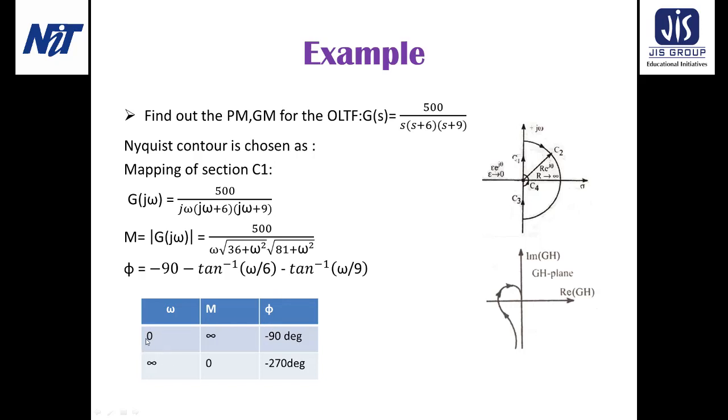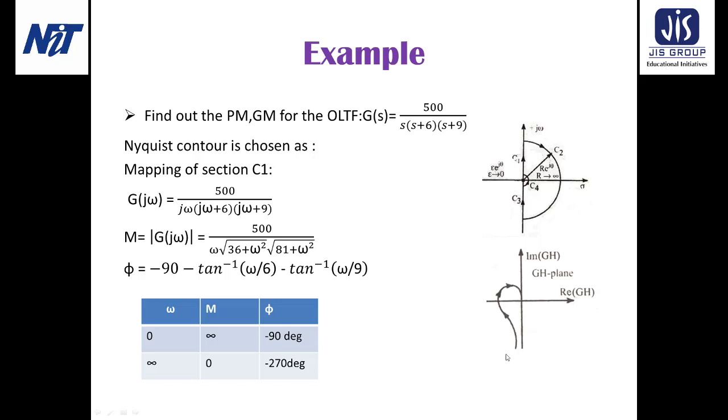When ω is 0, the magnitude becomes infinite and the phase angle at ω equal to 0 is minus 90 degrees. Whereas when ω is infinite, the magnitude becomes 0 and the phase angle is minus 270 degrees. So this is the plot for section 1. This is the minus 90 degree line, and this is the reference line of 0 degrees.